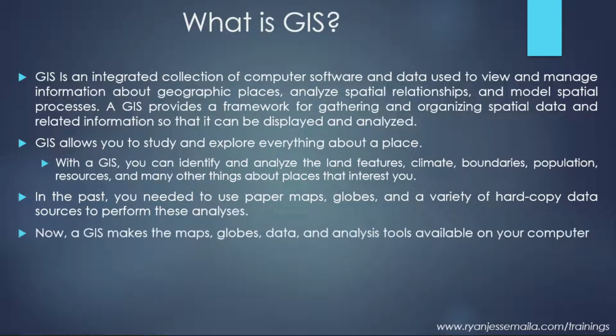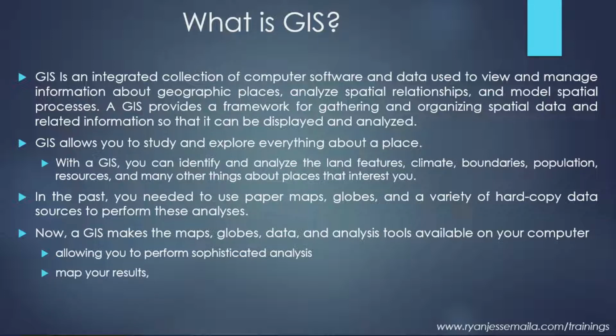Now with a GIS, you can make maps, you can make globes, you can make data, and we have quite a number of analysis tools that are available just from any computer that has got the processing power to be able to give you that analysis, which can be as sophisticated as may be needed for you to get the results. And the beautiful thing is that once you get those results, you can map them and present them.